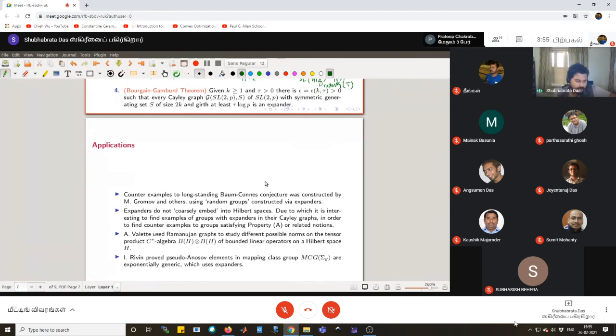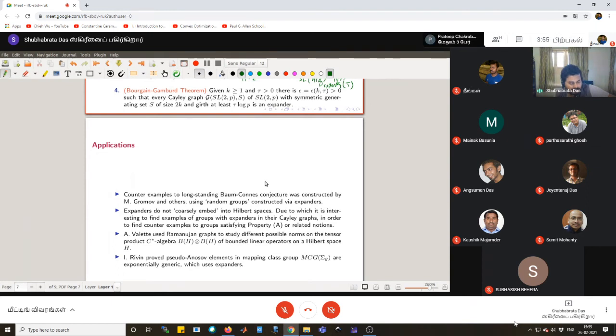If we are able to embed Cayley graphs uniformly in a suitable sense inside Hilbert space, then we say the group has property A. It has different equivalent characterizations.